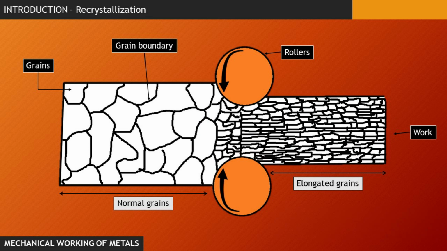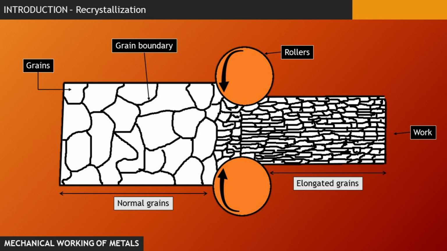Now, when a material undergoes plastic deformation, the atoms and dislocations inside the material move, leading to the change of shape. Due to this, several dislocations get collected at one point and they resist further deformation.